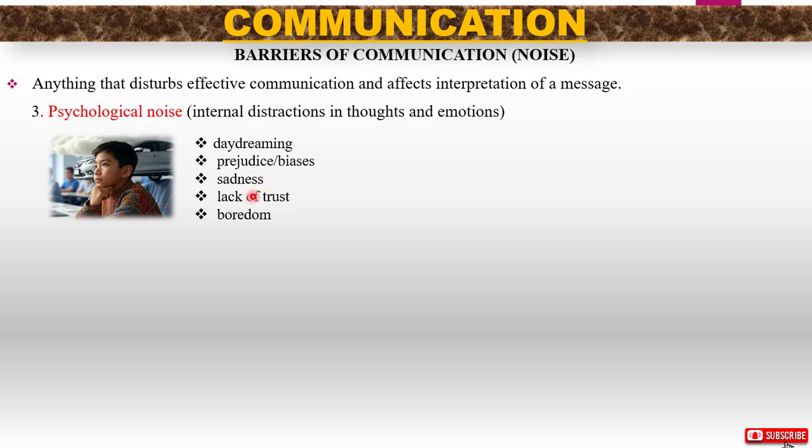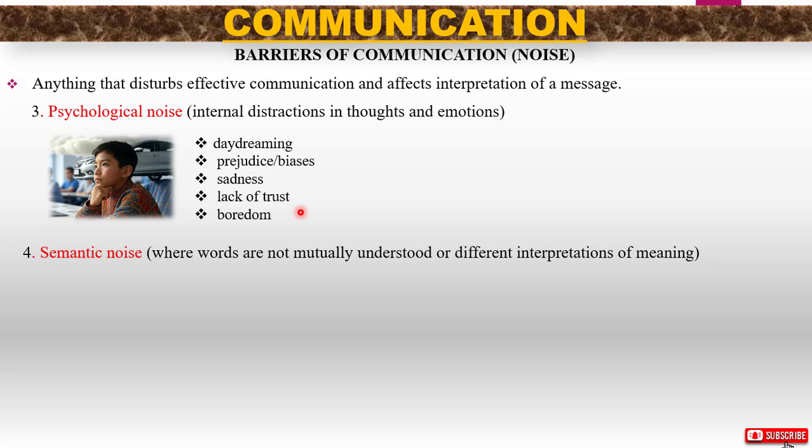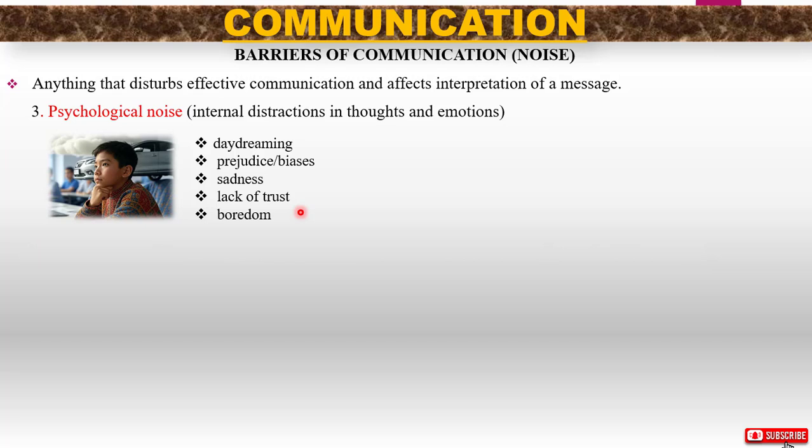If you don't trust the person giving the information, then it is also going to affect communication. So lack of trust is also a psychological noise. If you are bored or you are not in a good mood, it will also affect the exchange of information. It is a psychological noise. So psychological noise happens within the mind of the individual or the emotions of the individual.